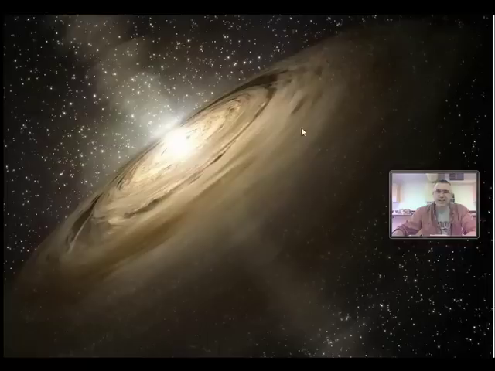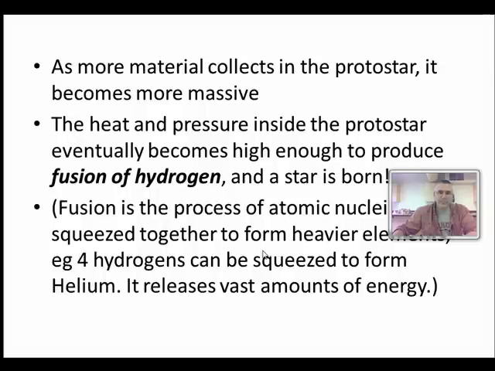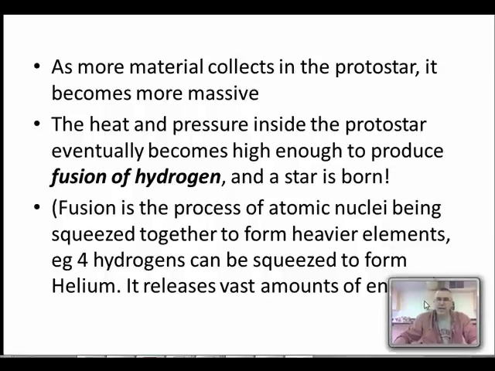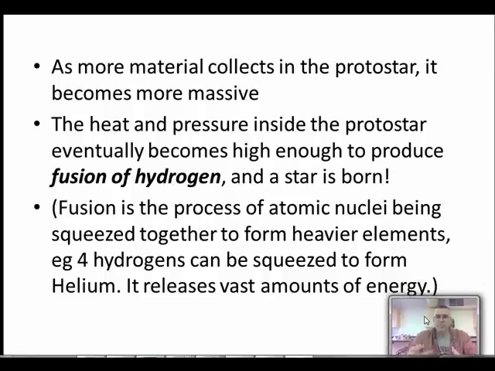And here is this disk of gas and dust spiraling around that protostar. So as more and more stuff piles in, it gets bigger and bigger, and eventually there's enough mass and enough gravity that it squeezes that center in to the point where it can start fusing hydrogen, and at that point it's technically a star.